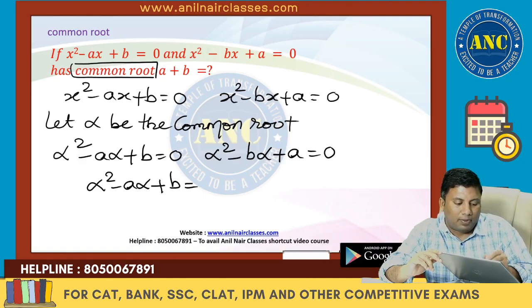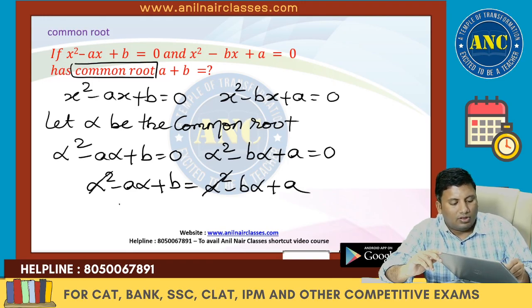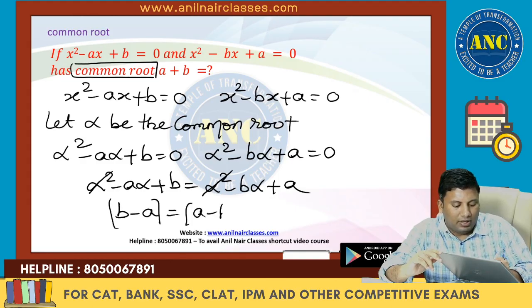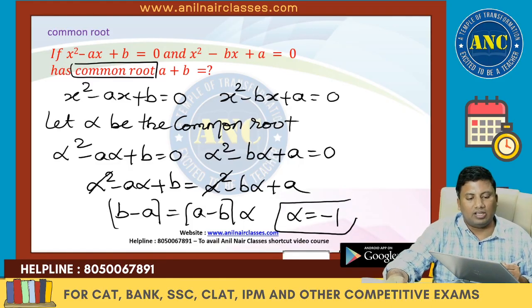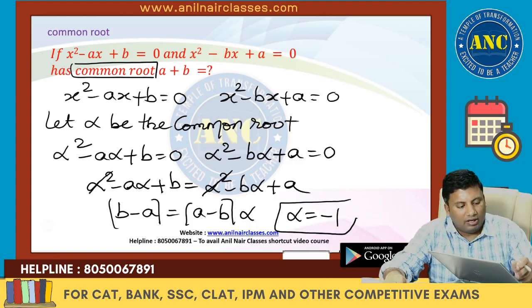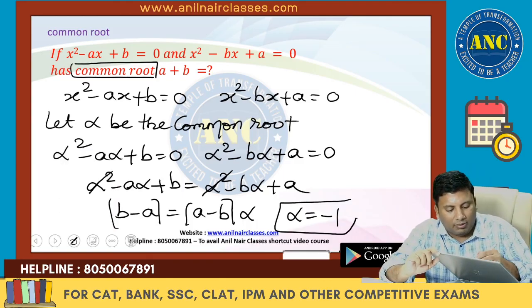Minus a alpha plus b equivalent to alpha square minus b alpha plus a. These are nothing but b minus a equivalent to (a minus b) into alpha. Alpha is nothing but minus 1. The common root is nothing but minus 1.